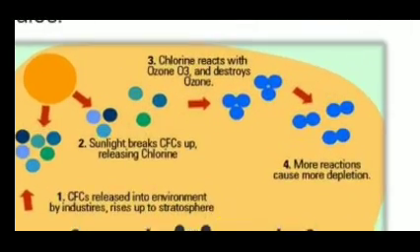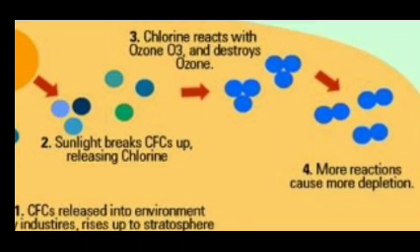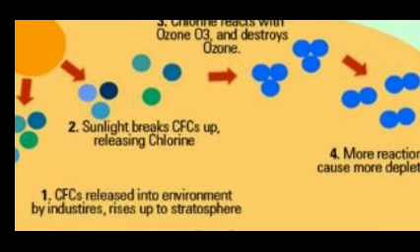See here, CFCs released into the environment by industries rise up to the stratosphere. CFCs come from industries, refrigerators, air conditioners. These CFCs enter the stratosphere. The sunlight breaks CFCs up and releases chlorine atoms.